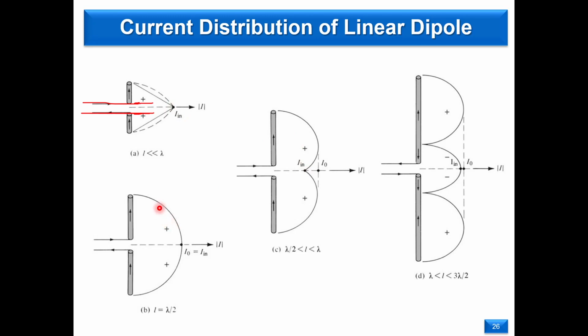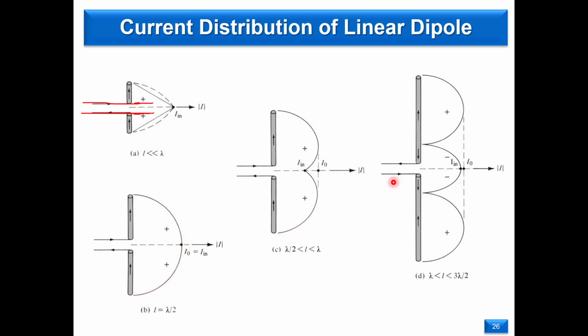When it is a little bit longer, we'll see a larger portion of the sinusoidal curve. When it's lambda over 2, we'll have a quarter of a sine wave current distribution, and another quarter.